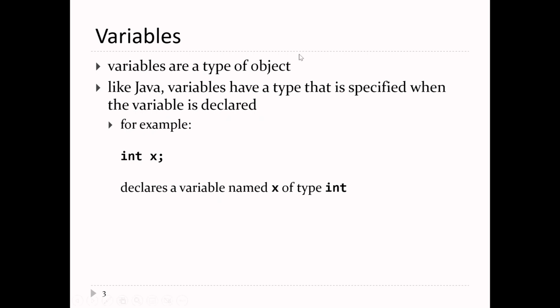So variables are one type of object. A chunk of memory has a value. Just like Java, variables have a type. You have to specify the type when you declare the variable, and you have to declare the variable before you can use it. So int x says that there's some variable named x whose type is int.